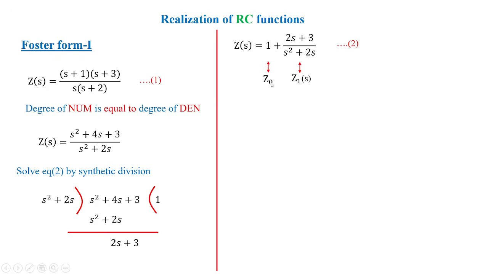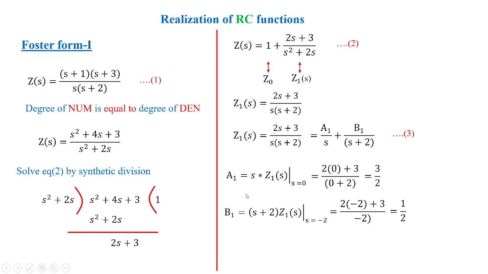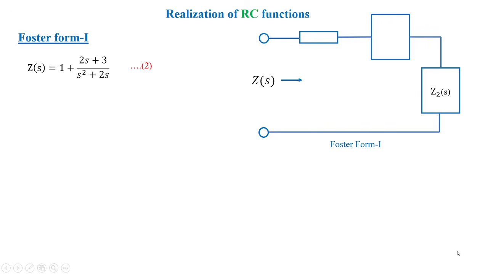Then identify the first term and the second term in the impedance function. Now the second term can be elaborated with partial fractions, which is given by equation 3, and that can be determined by A1 and B1 as 3 by 2 and 1 by 2, thereby representing Z1 of s, the first sub-function of the main function Z of s, given by equation 4.